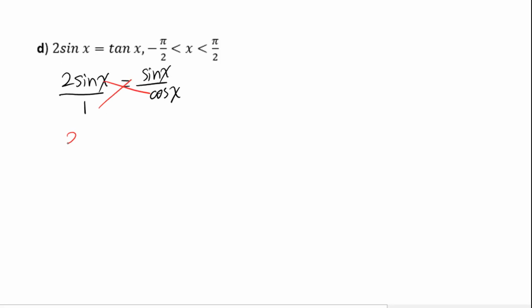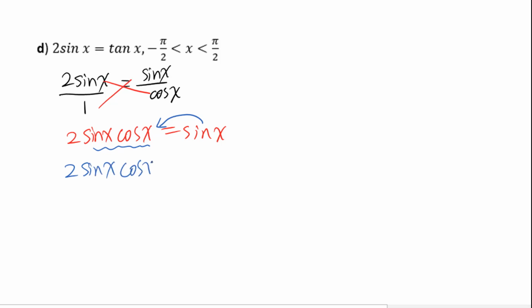You will get 2 sine x cosine x equals sine x. We count this as a quadratic pattern equation. So try to get equal 0 first. 2 sine x cosine x minus sine x equals 0.